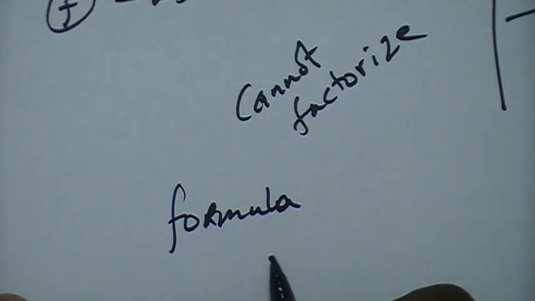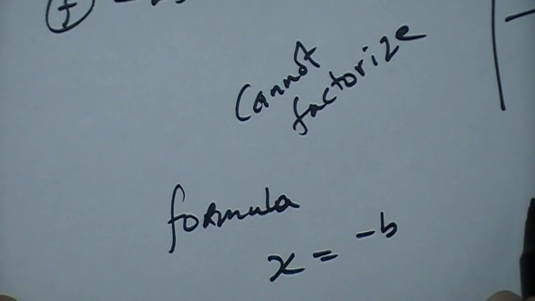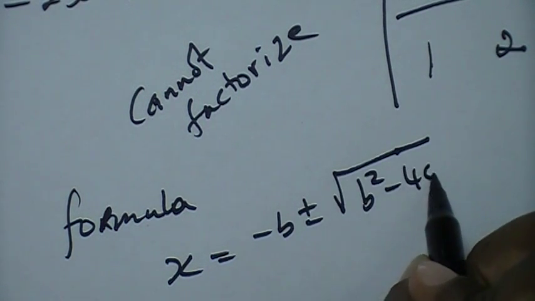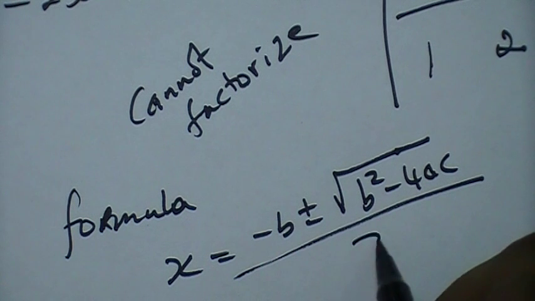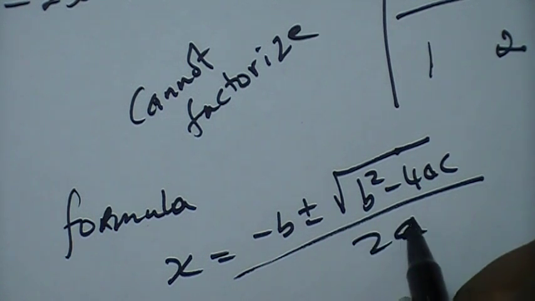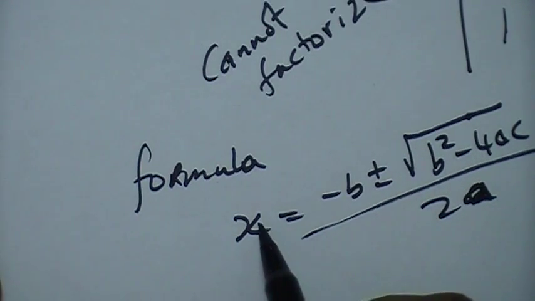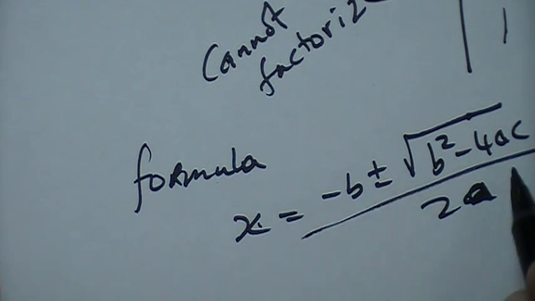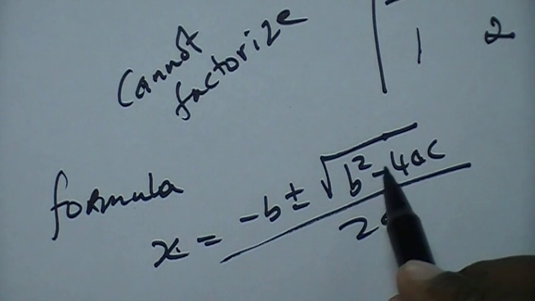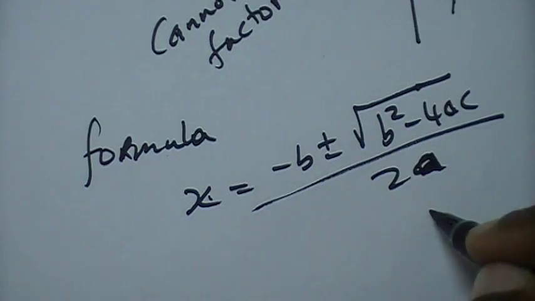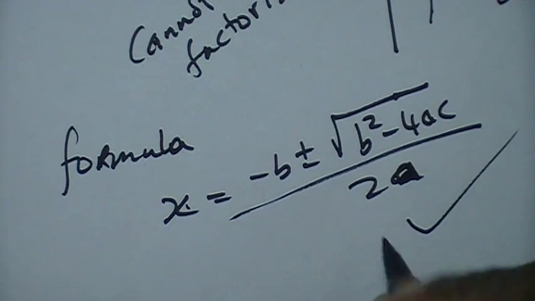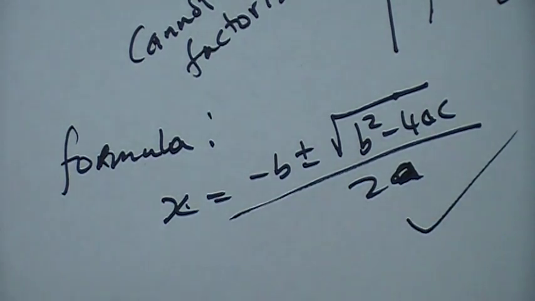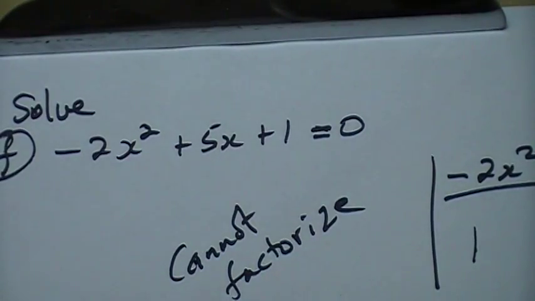Alright, which we'll learn is x equals negative b plus or minus the square root of b squared minus 4ac, over 2a. This formula will be given in your exam, so you don't have to try to memorize it, but you will memorize it by constant use. Okay, that's it.